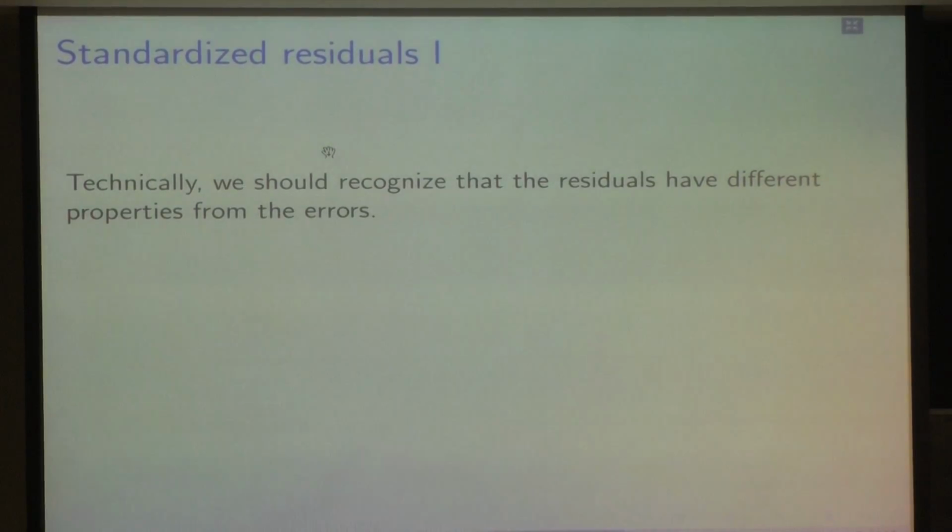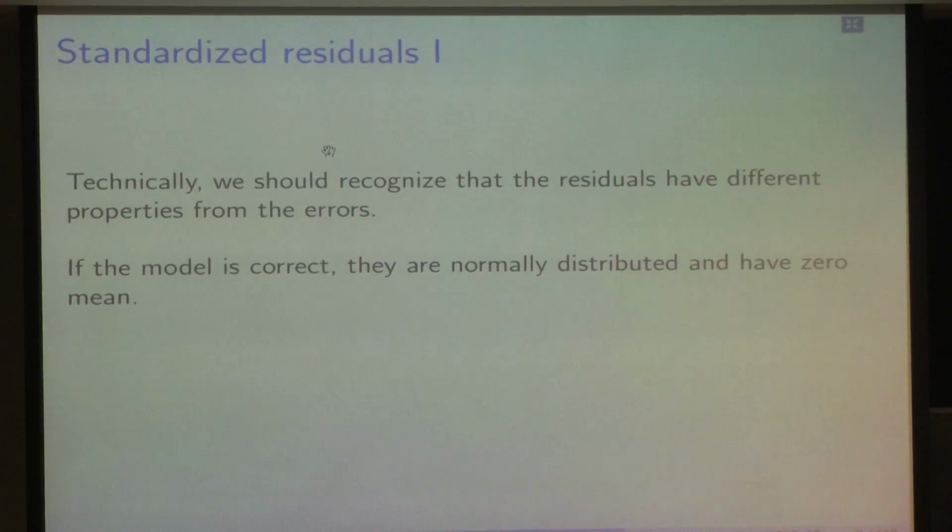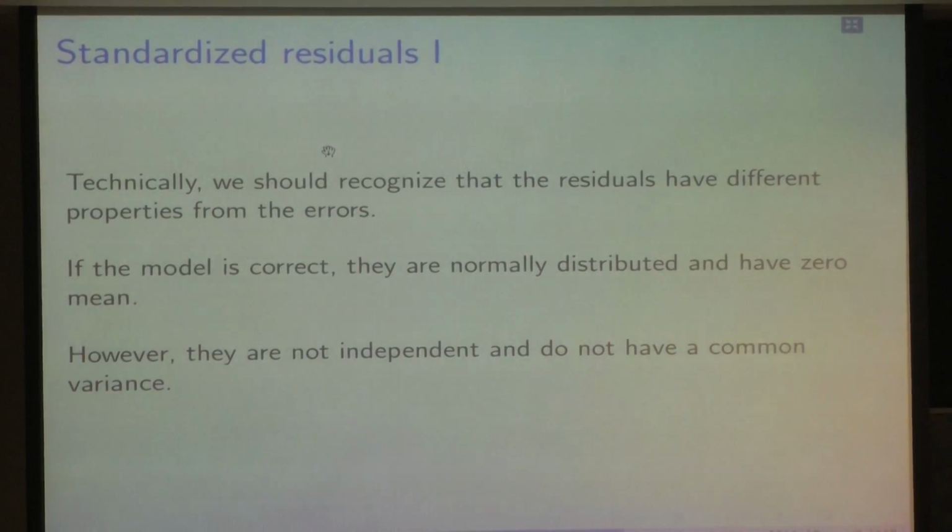Now, two of those things are true for the residuals. If the linear model is actually a correct model, then they are normally distributed and do have mean 0. However, the other two are not quite true. They're not independent and they don't have a common variance.